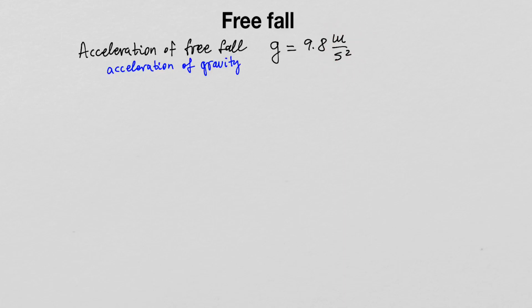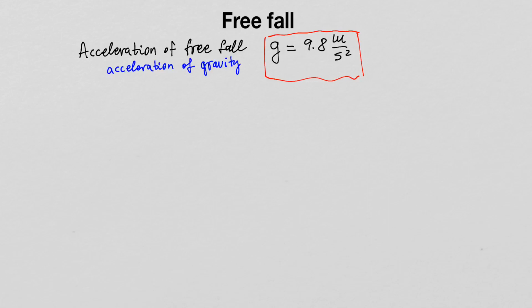This is also known as the acceleration of gravity or the acceleration due to gravity. This is a constant value that you should know and remember and be able to use for calculations when it's needed. So one more time, this is a constant value and it is 9.8 meters per second squared.